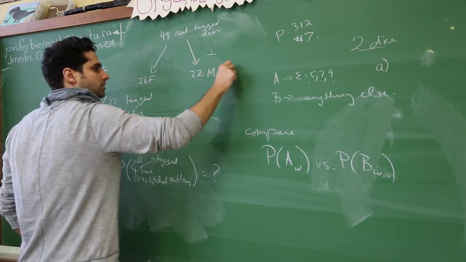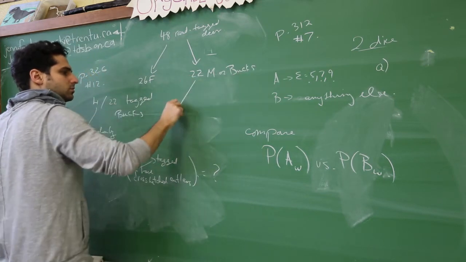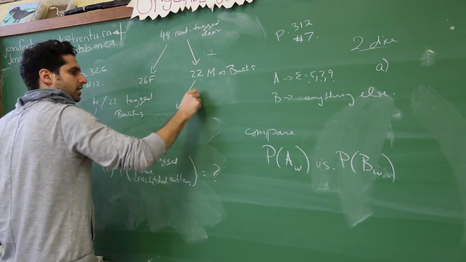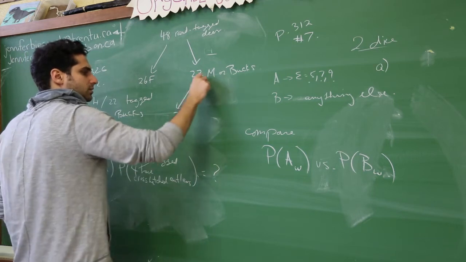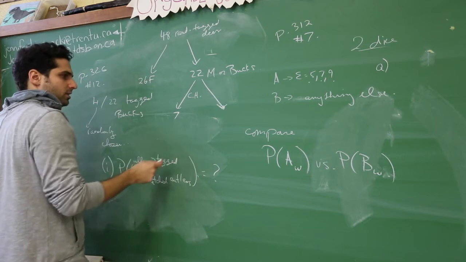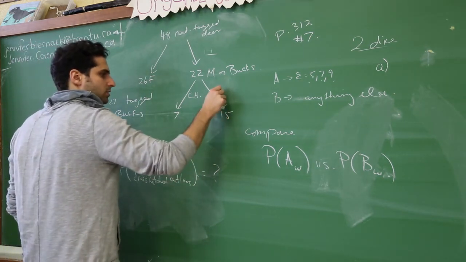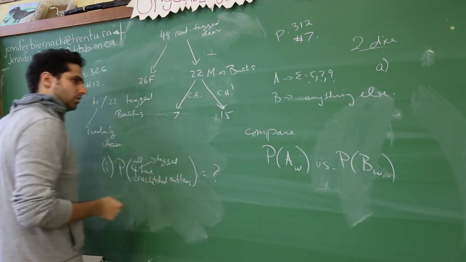And 7 of the bucks had cross-hatched antlers. So then I'm assuming the others did not. So what's 22 minus 7? 15? Yeah. So 15 do not have cross-hatched antlers.